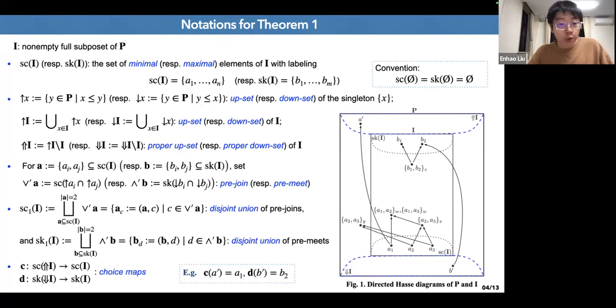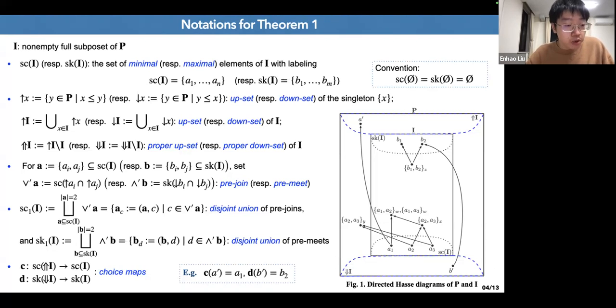Finally, we define the so-called choice map. By the definition of the upset of I, for each element in the proper upset of I, you can always find an element in source(I) that is smaller than that element. So this determines a map, a choice map, and we fix such a choice for later.